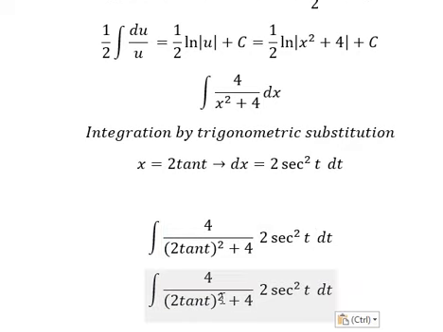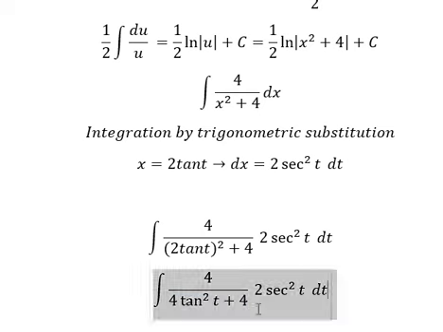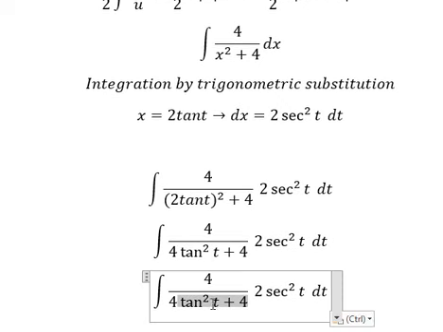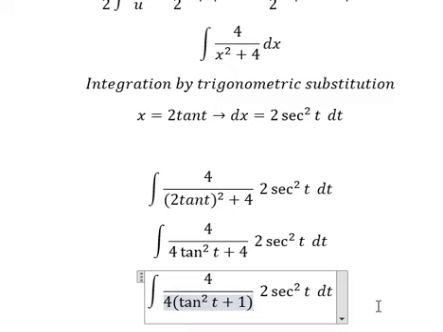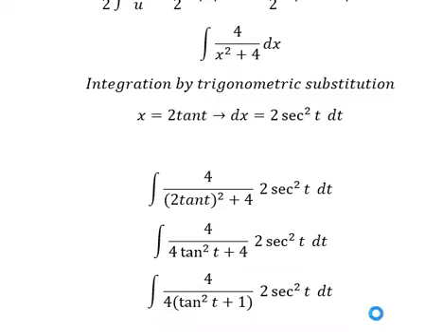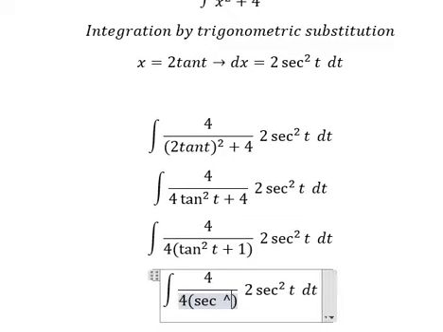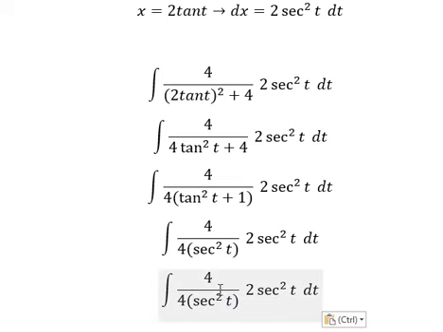So this one we have 4 tan t squared, and 4 and 4, we can do factorization. So this one is secant of t squared.